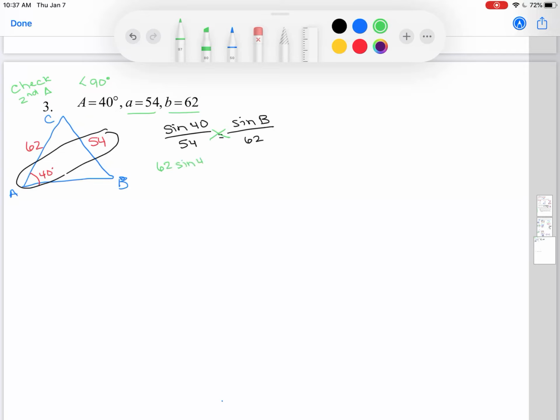Cross multiply. 62 sine 40 equals 54 sine B, dividing both sides by 54. I'll write all of this out now for you guys since I skipped that last one.